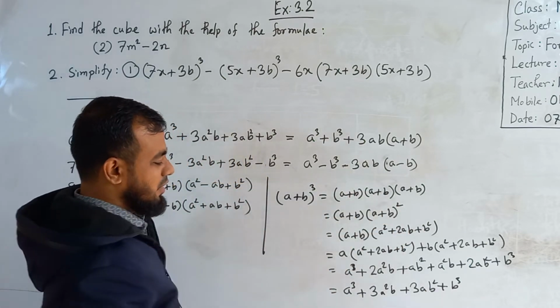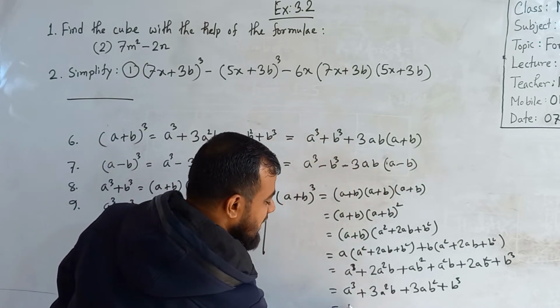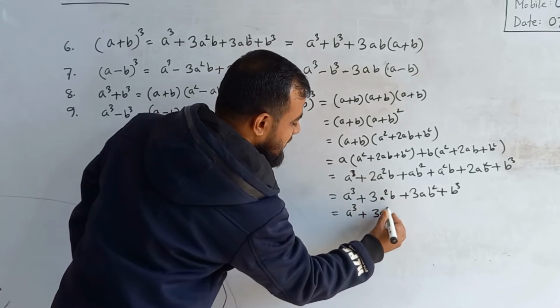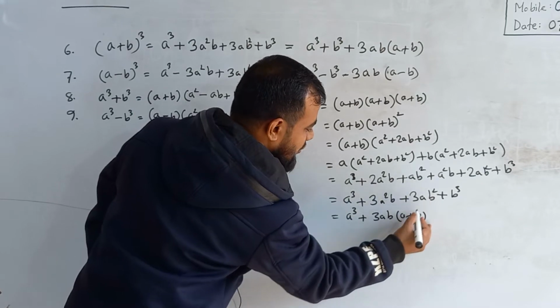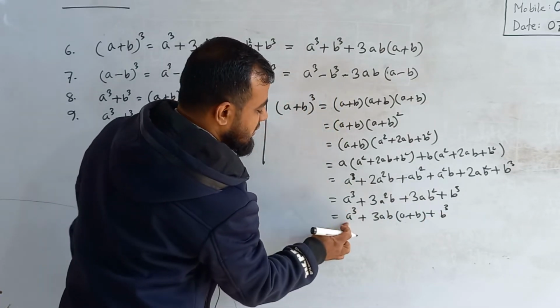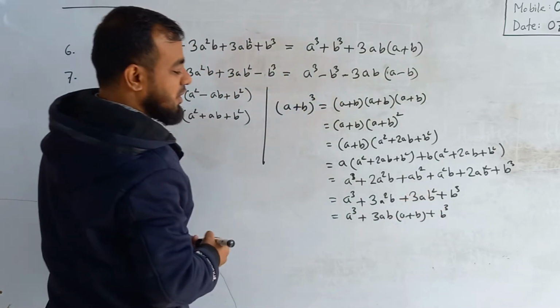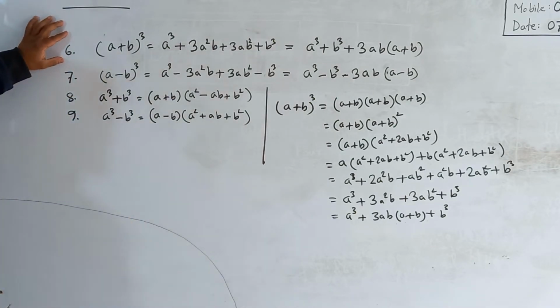On the right side, we can take 3ab as common. a cube remains unchanged. If we take 3ab as common, it will be a plus b, a from this one, b from this one, and b cube. So if we arrange this, it is a cube plus b cube plus thrice ab into (a+b). This is our formula number 6 in this cube formulas.